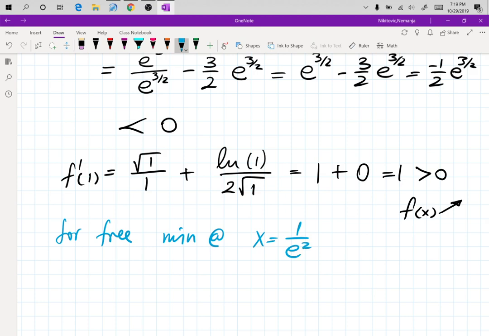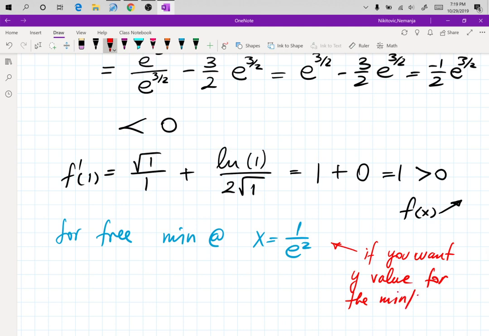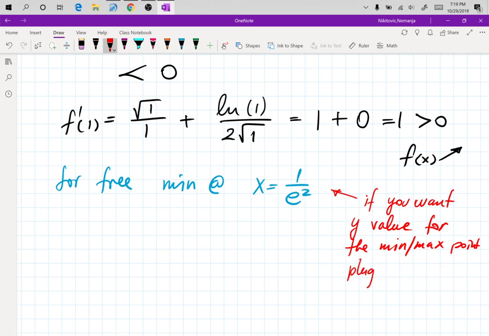Again, if you want the y value for the min-max point, plug the x coordinate into the original equation.